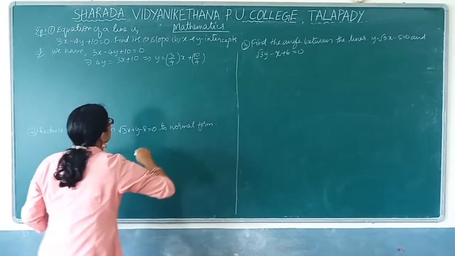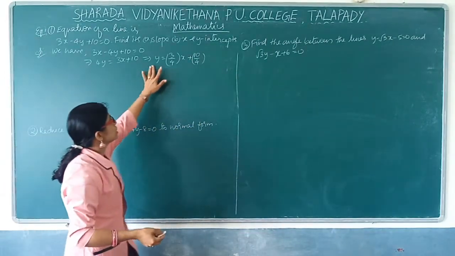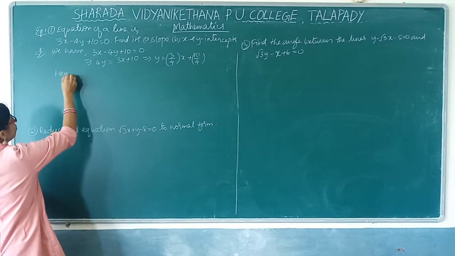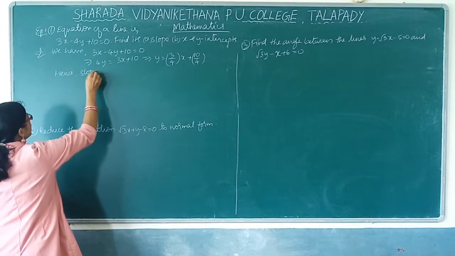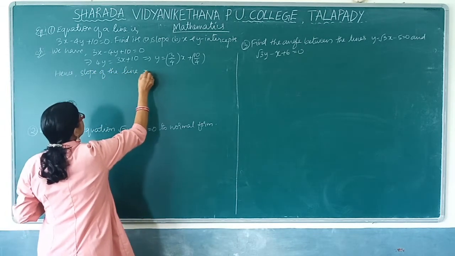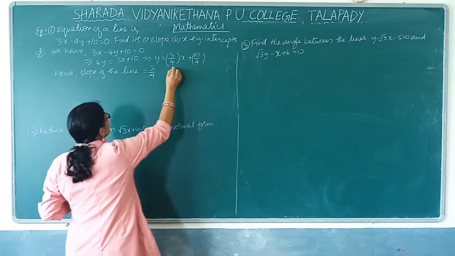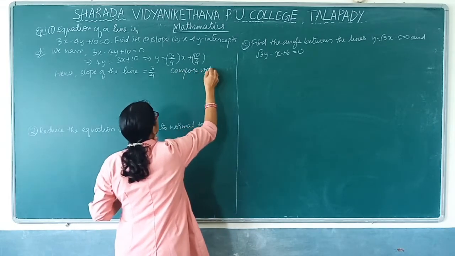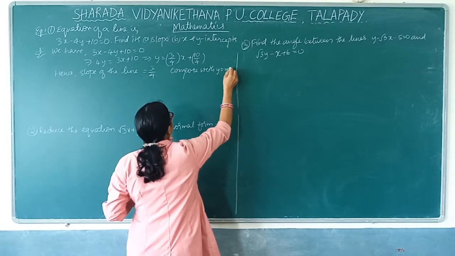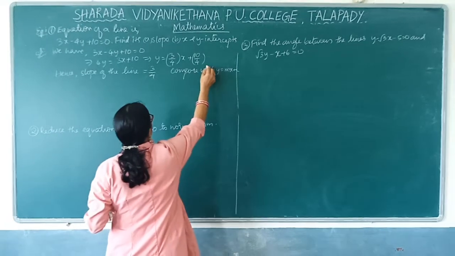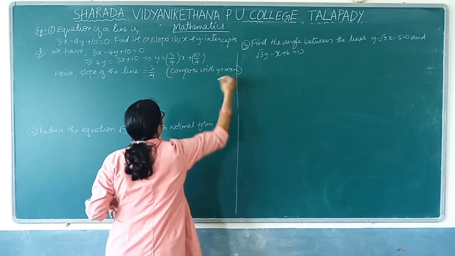It is of the form y is equal to mx plus c. Hence, the slope of the line is equal to 3 by 4, by comparing with y is equal to mx plus c. Y-intercept they have not asked here, so just write the slope here.